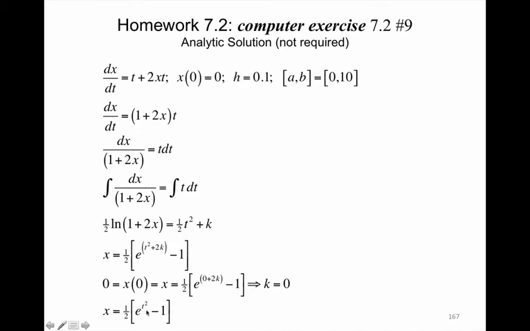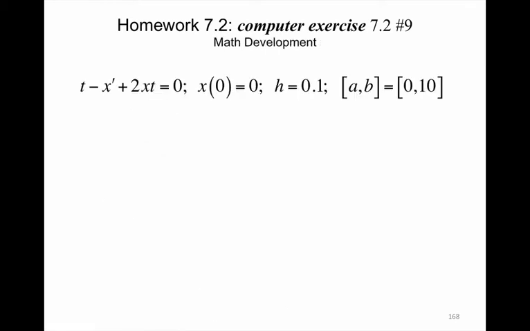So we should expect that this solution will have a very strong upward divergence as t increases, and it's going to make it kind of hard on any differential equation solver. Certainly would make it hard on the Euler method, but we'll just see how our Runge-Kutta method stands up to this challenge. Okay, again, you didn't have to do that, but I'm just doing that for comparison purposes.